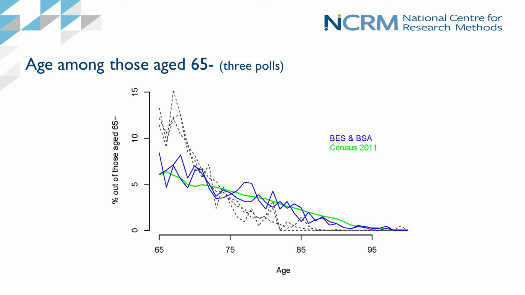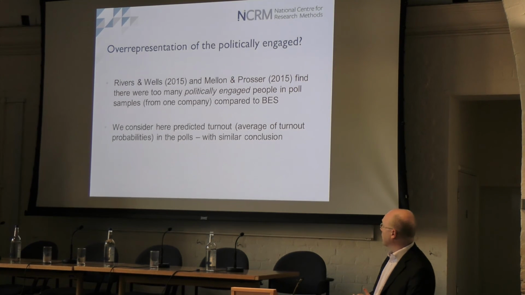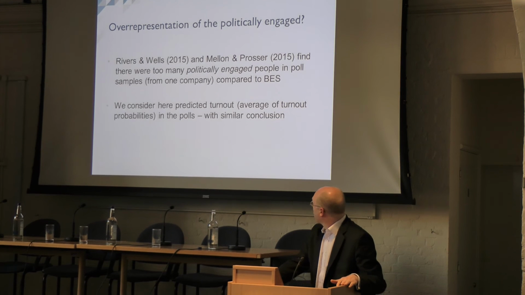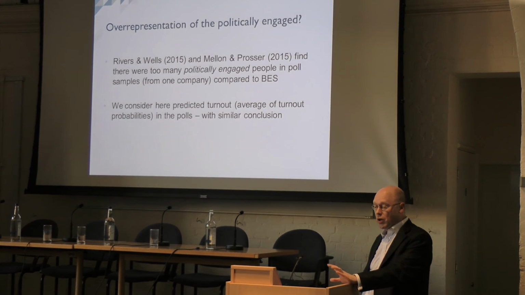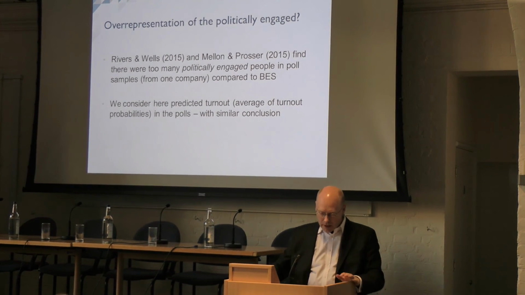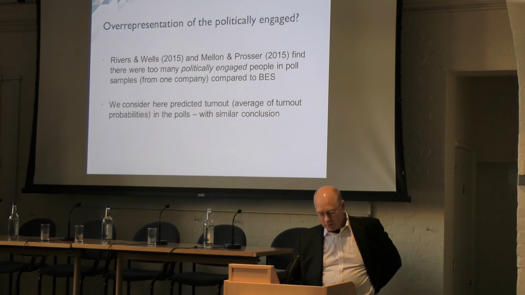Okay, what else might one look at? As I said, we don't have that many variables to look at, but others have had a little bit more and have looked at other things. Here I'm referring to two interesting and important recent papers, one by Douglas Rivers and Anthony Wells, and one by John Mellon and Chris Prosser, who had looked at similar questions with different data, specifically comparing BES to information coming from one pollster, YouGov in particular.